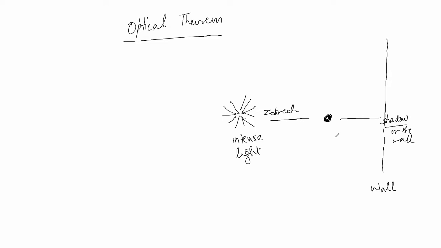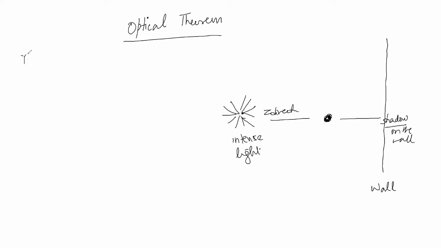And this shadow tells us that some of the particles or some of the light have got scattered. Okay. Now this optical theorem talks about this scattered particle. It talks about the change in the scattering amplitude in the forward direction.